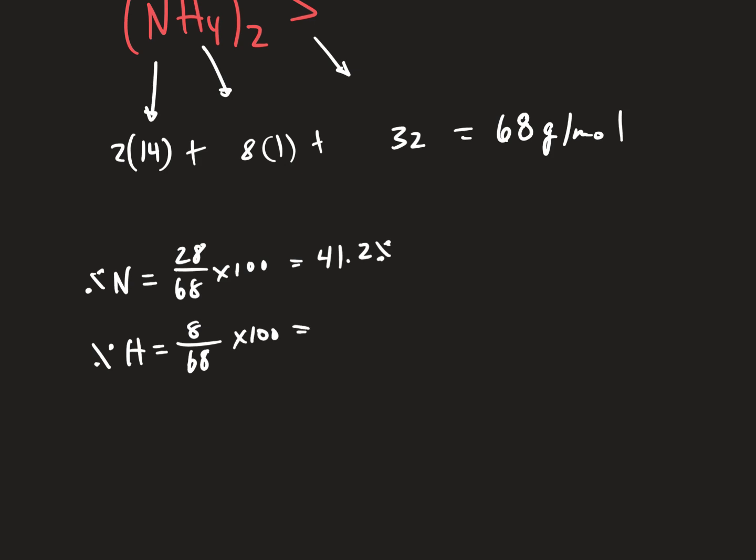Total's always the total, right? Times by 100, what do we get? 11.8%. And percent sulfur is going to be 32 divided by 68, right? And we get that right from here. Times by 100, what do we get?